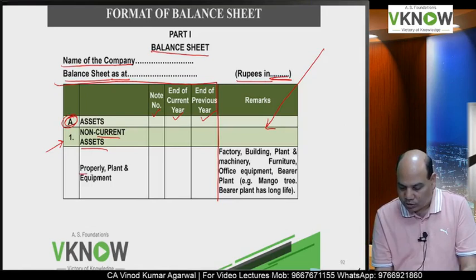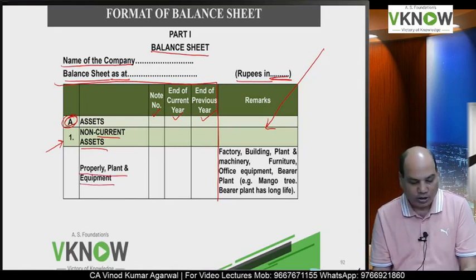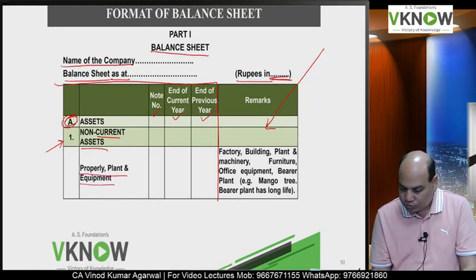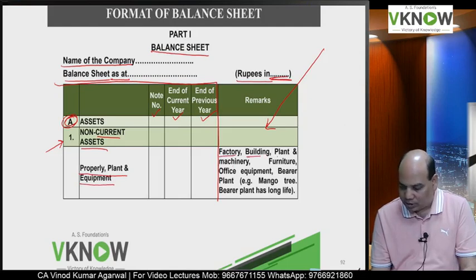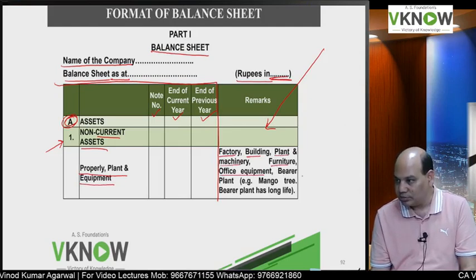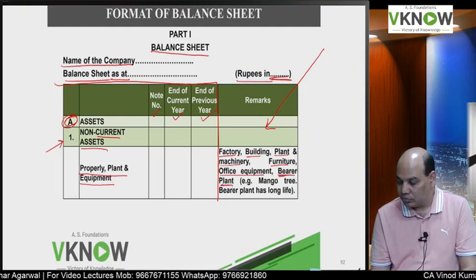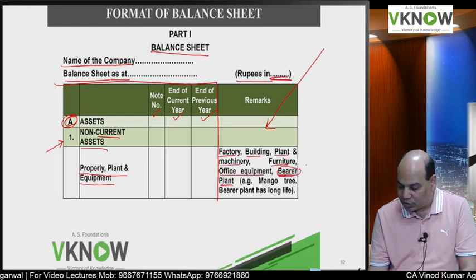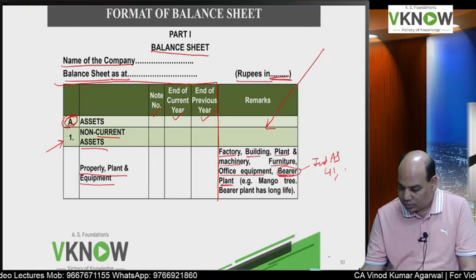So here we will disclose items, property, plant and equipment. Which items will come here? Example: factory, building, plant and machinery, furniture, office equipment, and one more item, bearer plants. The meaning of bearer plant will be discussed in Ind AS 41 and also Ind AS 16.